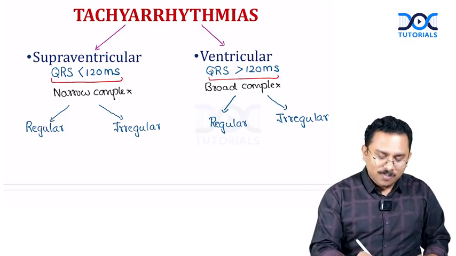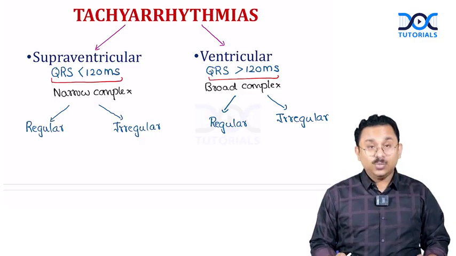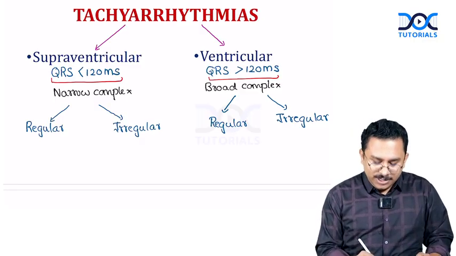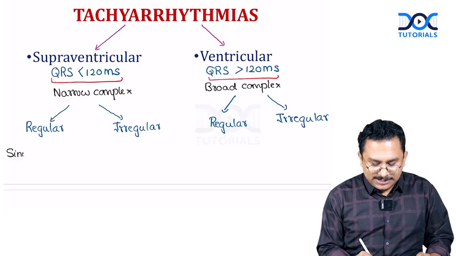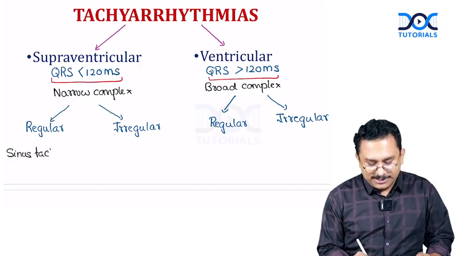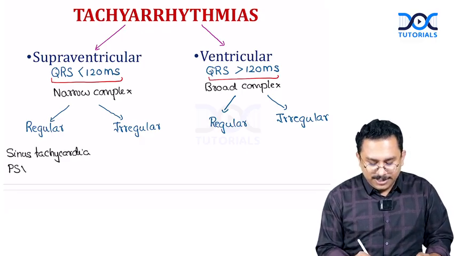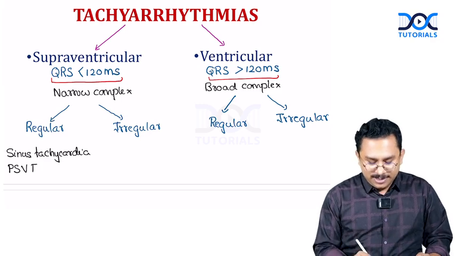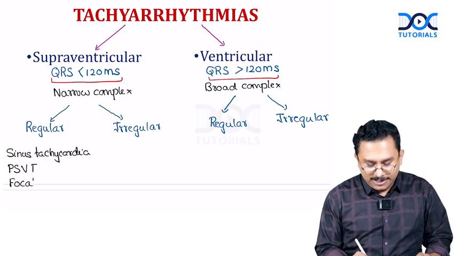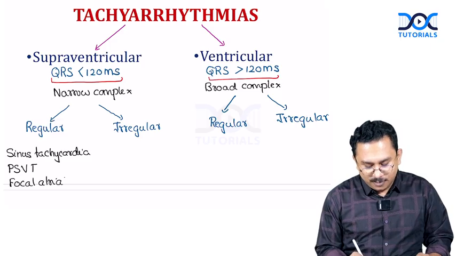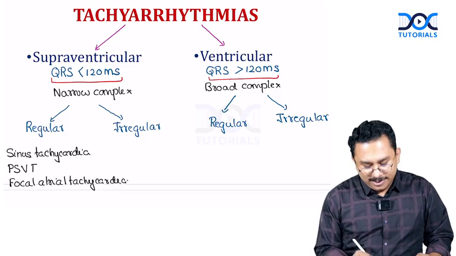So what are the narrow complex tachyarrhythmias which are regular? Those include, number one, sinus tachycardia. You have paroxysmal supraventricular tachycardia, focal atrial tachycardia, and atrial flutter.